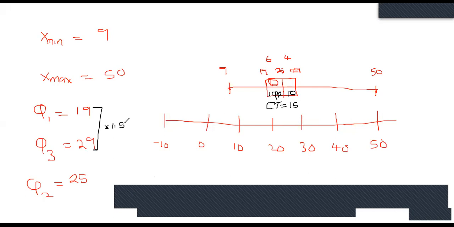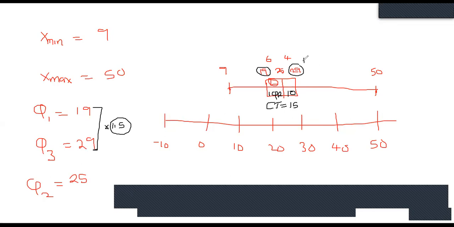When you multiply it to the 10, you get 15. So 15, you add it to the 29, and 15 you subtract it from the 19.